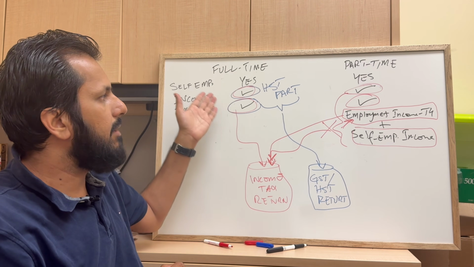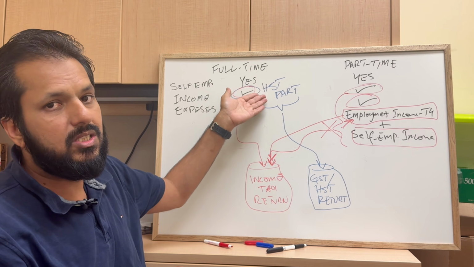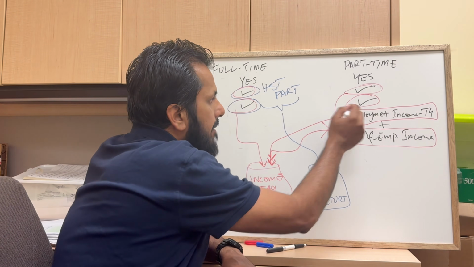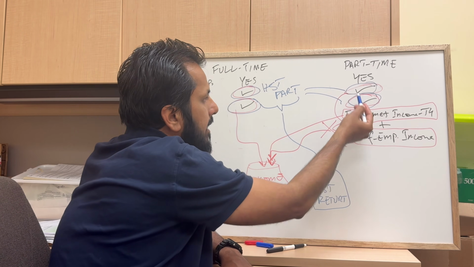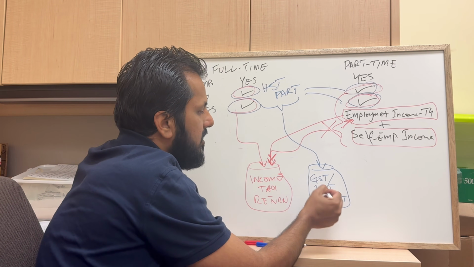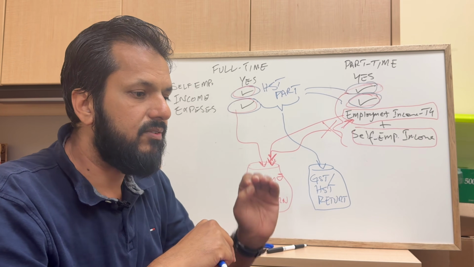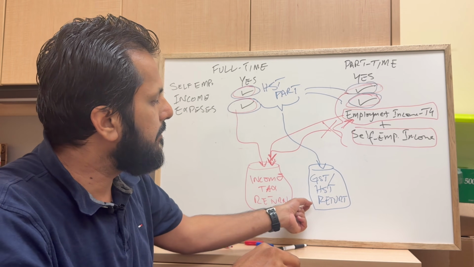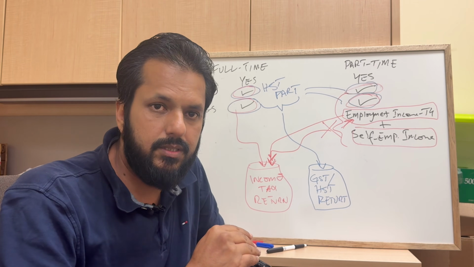That means the full-timer is going to file the GST HST return with the HST side of the income and the expenses. The same will go for this guy: his income and expenses, the HST side, is going to go into this GST HST return. So what I'm essentially saying is that if their income and expenses are identical, they will be filing the same GST HST return with the same amounts.